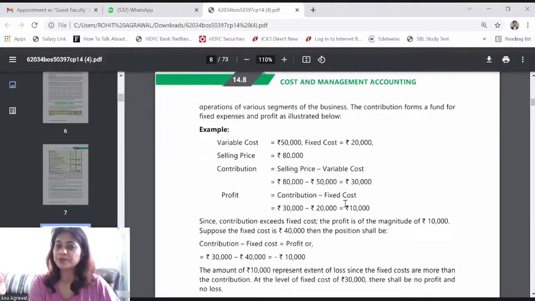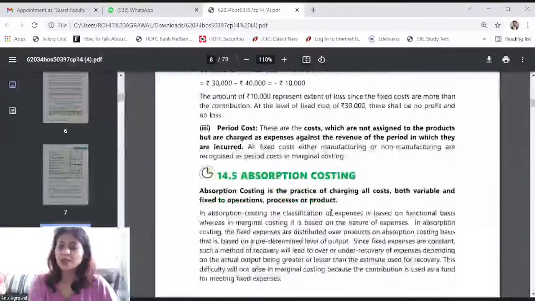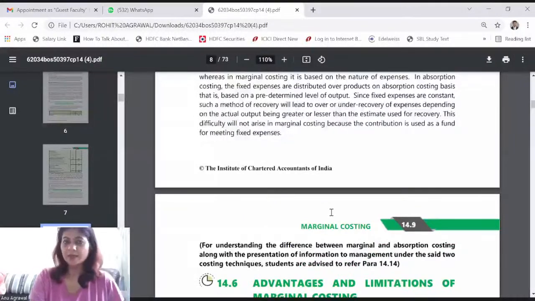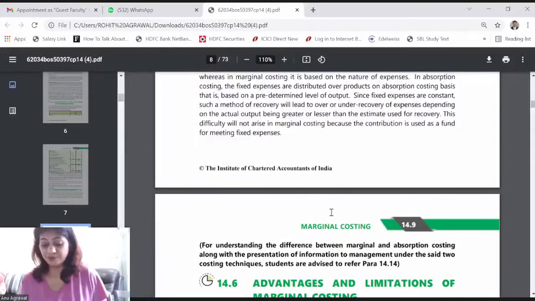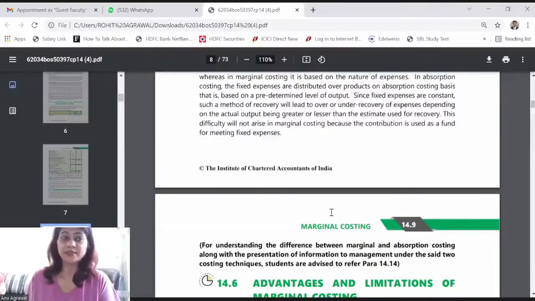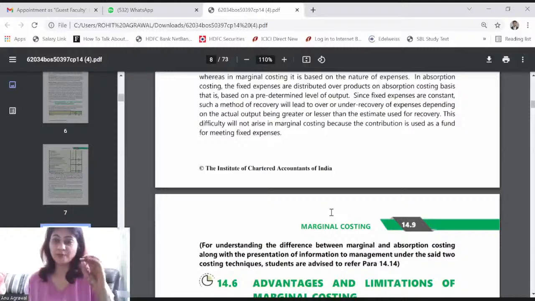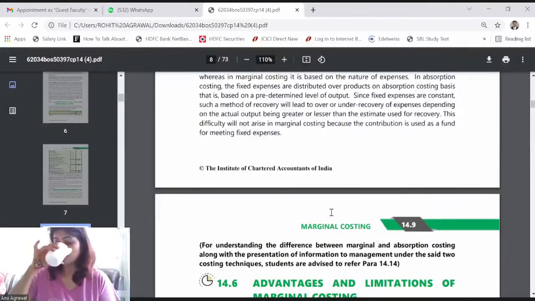Profit will be contribution minus fixed cost. Then they talk about absorption costing, which we have studied, under absorption of overheads and over absorption of overheads. In absorption costing, you are absorbing overheads on the basis of your normal capacity and trying to find out per unit cost.